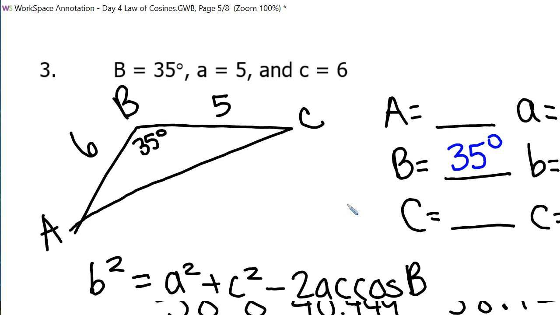If B is being squared, what's the inverse of squaring? Square root. So square root the left side and the right side. For side length, we're rounding to the nearest tenth. What is side B to the nearest tenth? 3.4.